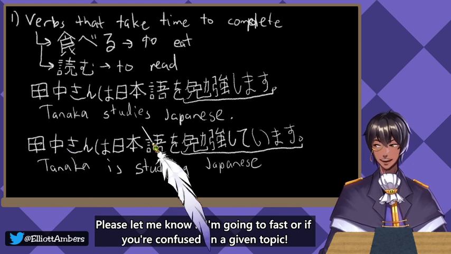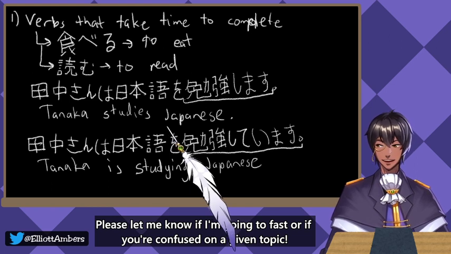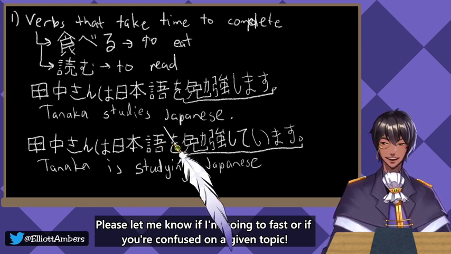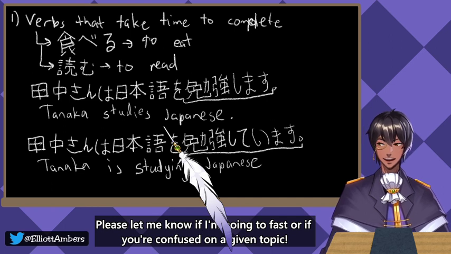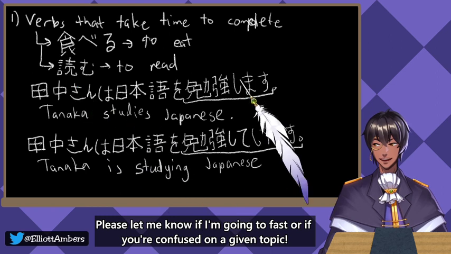This sentence means that studying Japanese is a thing that Tanaka does. It's not indicating that it's happening right now, but, you know, like say Tanaka had Japanese as a class. That Tanaka was in a Japanese class, but maybe today he's not there. That's what this would represent.